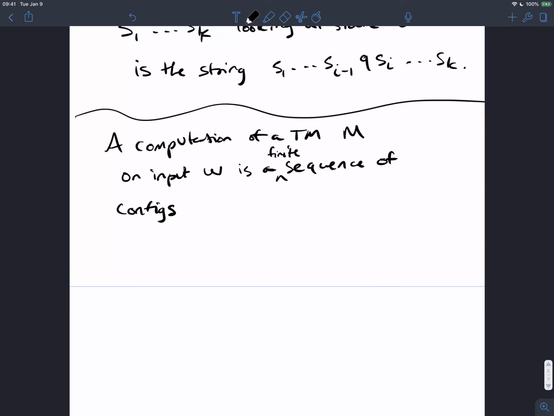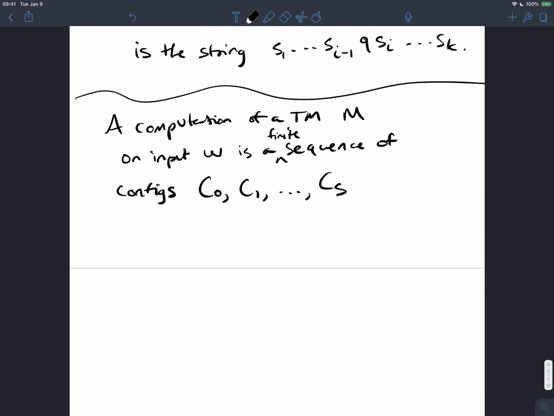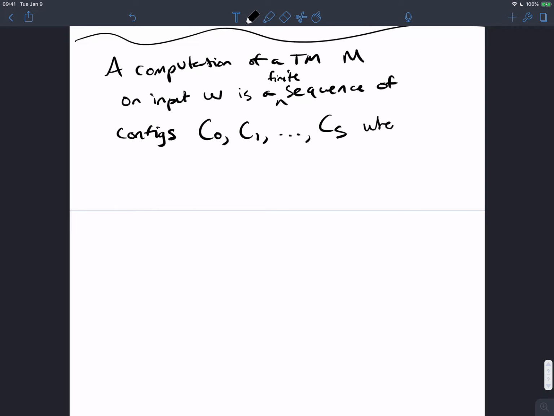So I'm going to shorten it to configs because I hate writing long words, as you might expect. C0, C1 up through, let's say, CS. So these are the configurations in order where C0 is the starting config.